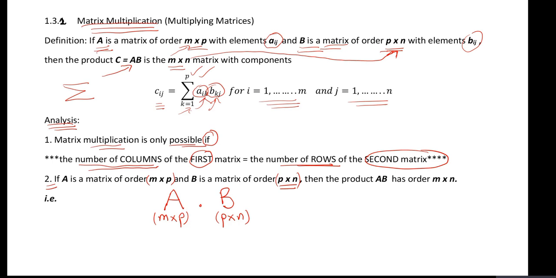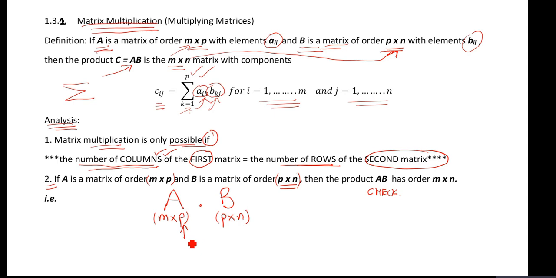Firstly, you check: can I do this multiplication? Where do I check? By looking at the number of columns of the first matrix. That P represents the number of columns. The M is the rows, it's rows by columns.